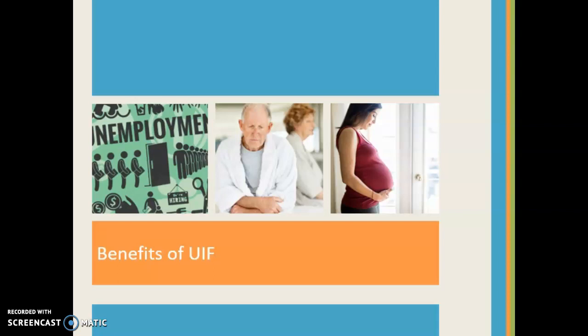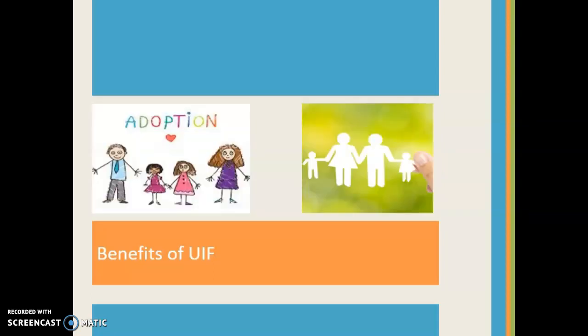Then we look at the maternity benefits. Pregnant employees receive these benefits for up to 4 consecutive months, so that means one after each other. If an employee had a miscarriage, she can claim for up to 6 weeks or 42 days. Another benefit of UIF is that of adoption benefits.